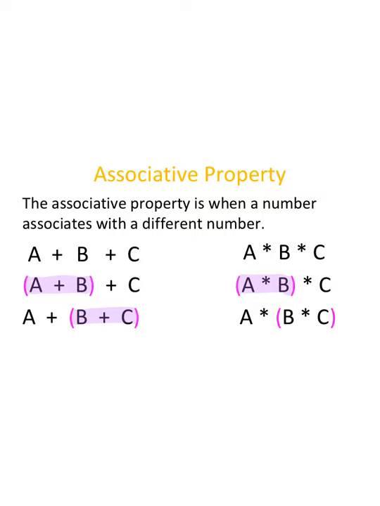Then down below that, it's the same multiplication problem, but now b and c are associating with each other, and a is not associating with either of the two numbers. So the numbers are choosing to associate with different numbers.